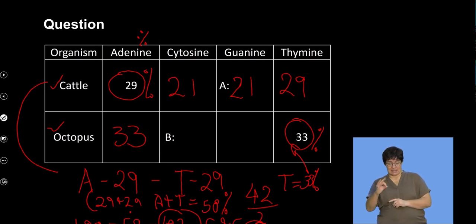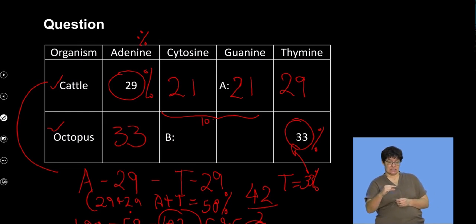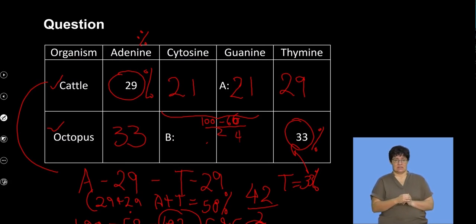And so it would mean that collectively these two, guanine and cytosine, have 100 subtract 66. So 100 minus 66 is 44. Am I right? 34, my bad. And if we divide that by 2, it gives us a percentage of 17% in each one of these.